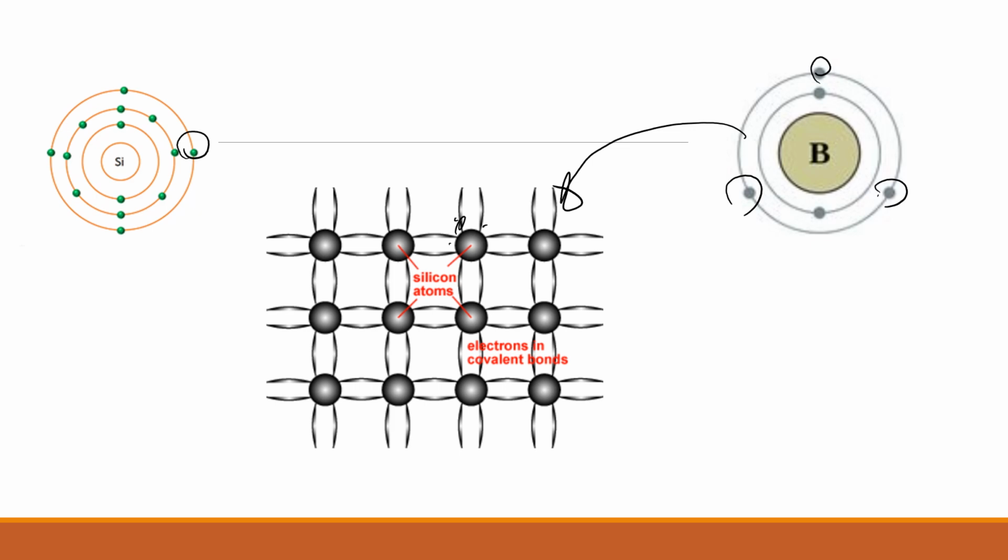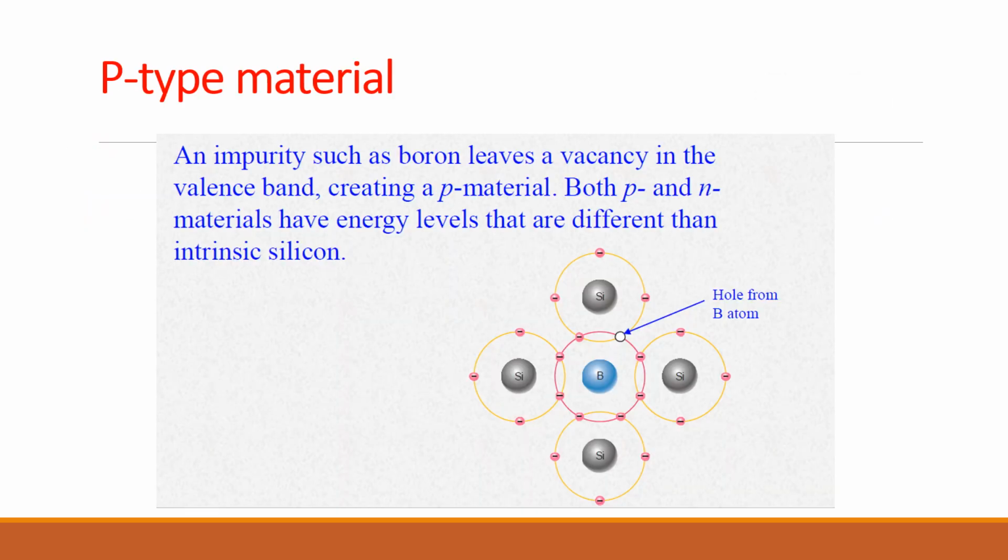Do you understand? So silicon has 4 electrons at the outermost shell, but boron has only 3. So there is a space for an electron to stay. This kind of material we call p-type material. So n-type and p-type materials.